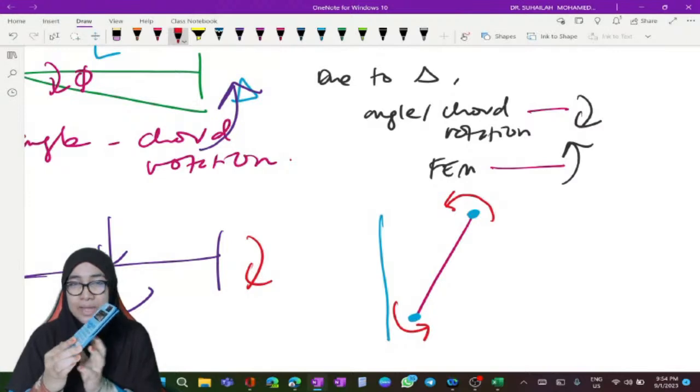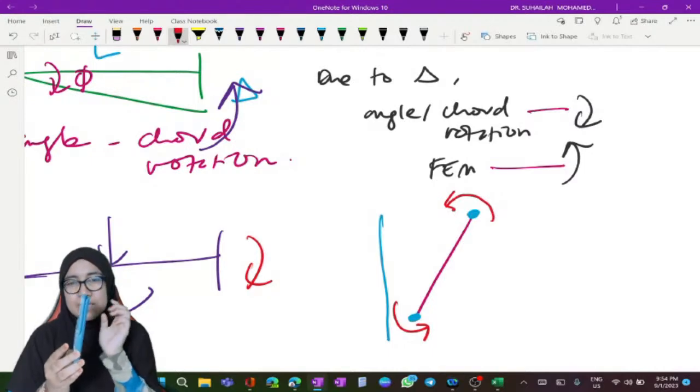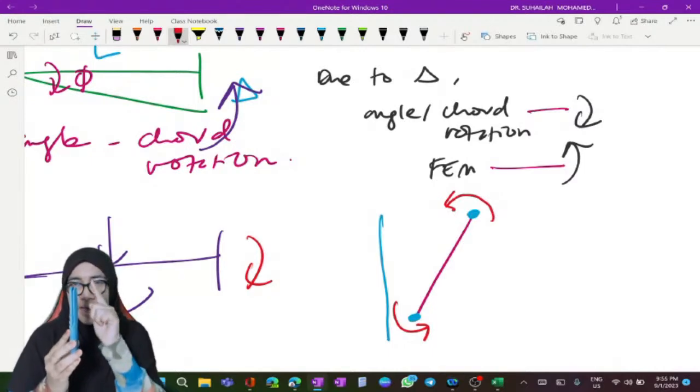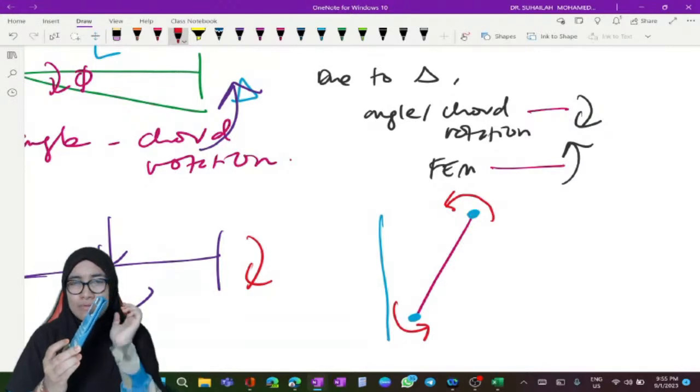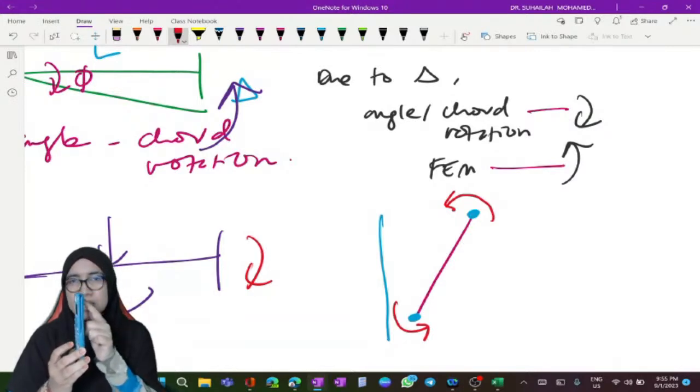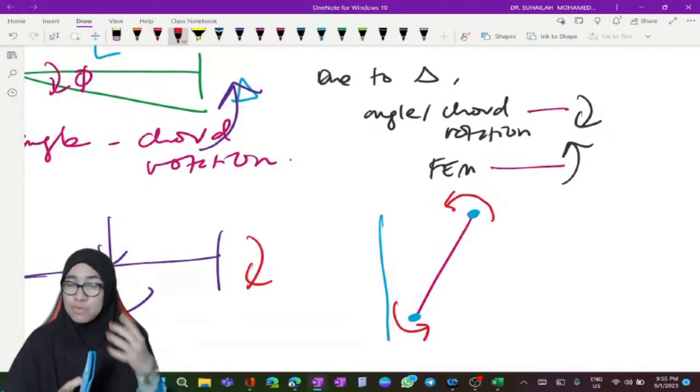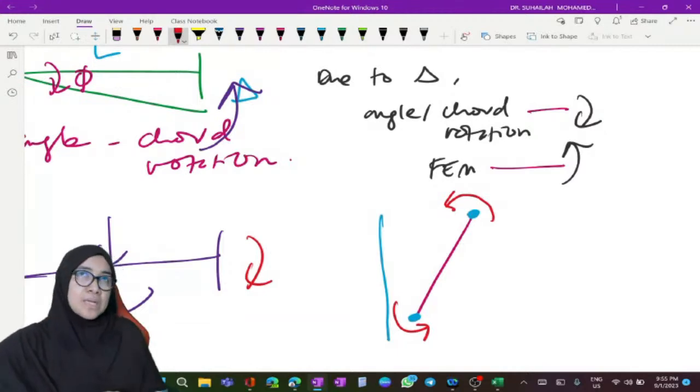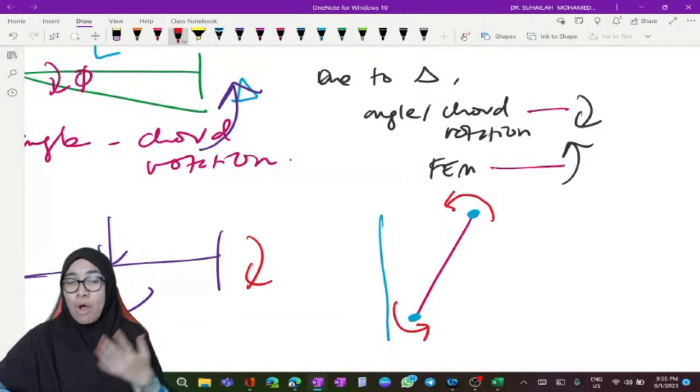The fixed end moment pushes it back. So between the angle and FEM, it must be an opposite condition.